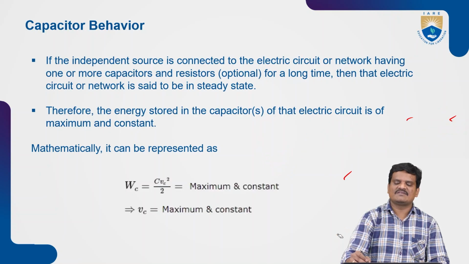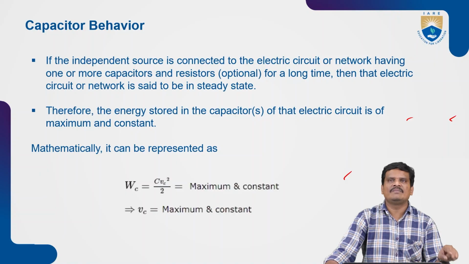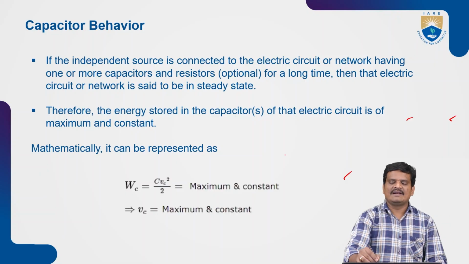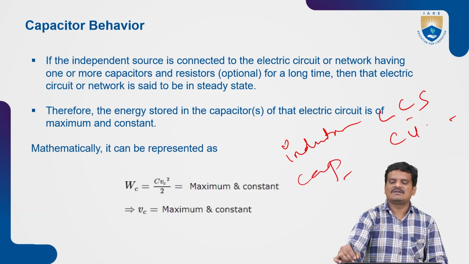So how will the capacitor behave under a steady state condition? As a constant voltage source. Inductor will behave as a constant current source, and capacitor will behave as a constant voltage source under steady state condition.